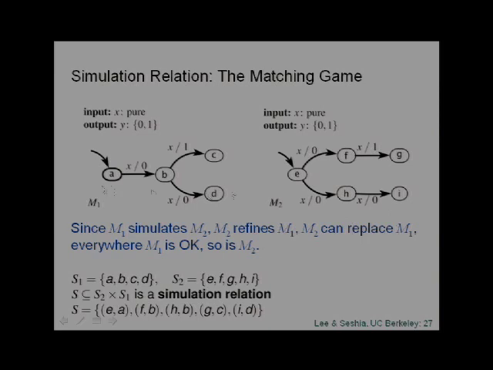So the question, let me just repeat it for everybody else. Suppose I add another transition from H to G, which is labeled with X/1. In that case, M2 does simulate M1, because this state H now has the same non-deterministic choice that you have in B. Sorry, don't we need another transition from F to I?